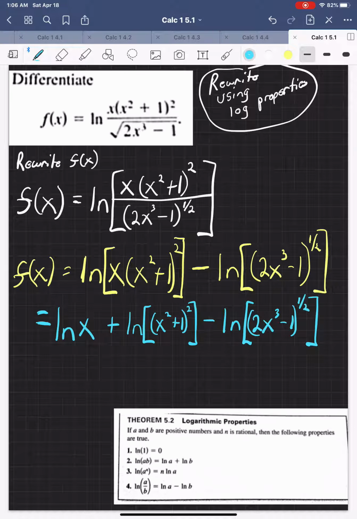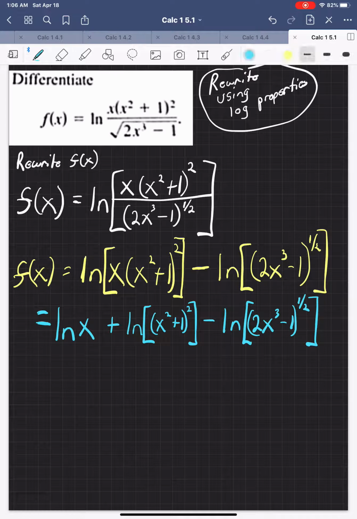All right, and the last rule that we're going to use is rule 3, where you can bring this exponent out front. This exponent here, I can bring it out front. So as of now, I'm going to go ahead and get rid of these log rules, and let's rewrite this.